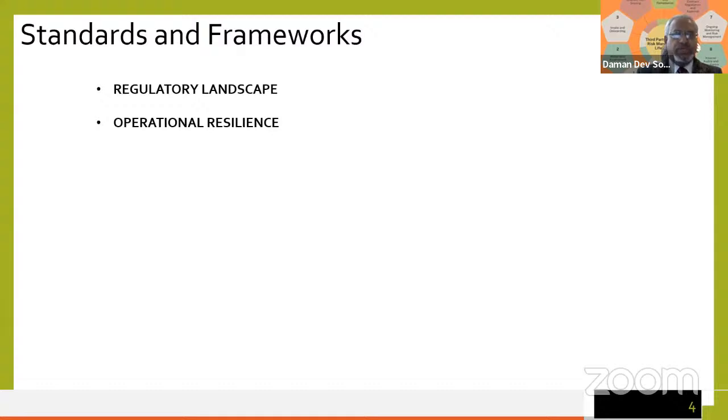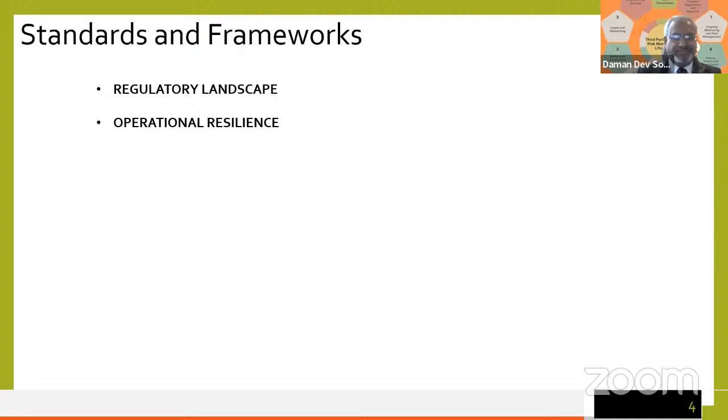One of the focus differentiator from BCM to operational resilience is this third-party angle also. While operational resilience does not remove BCM, BCM is one of the main pillars to be resilient operationally.